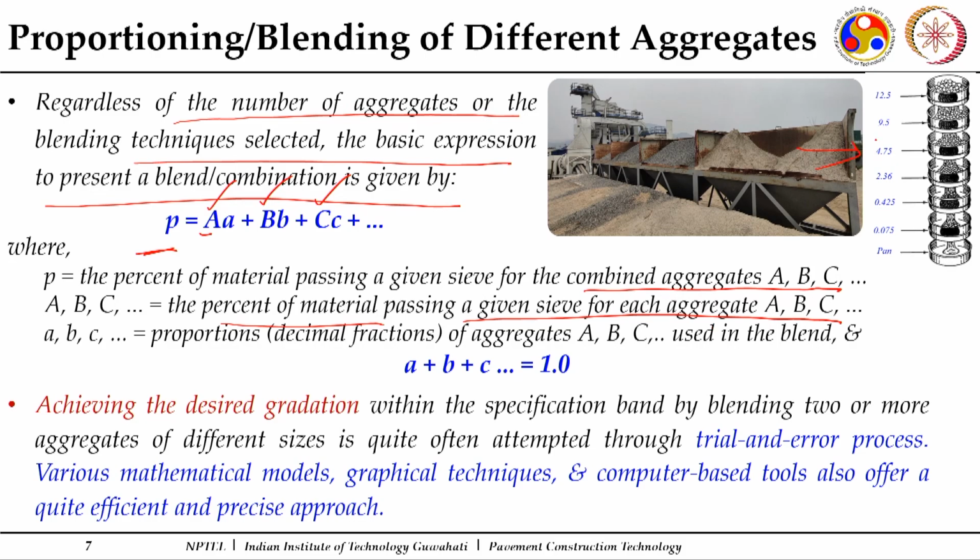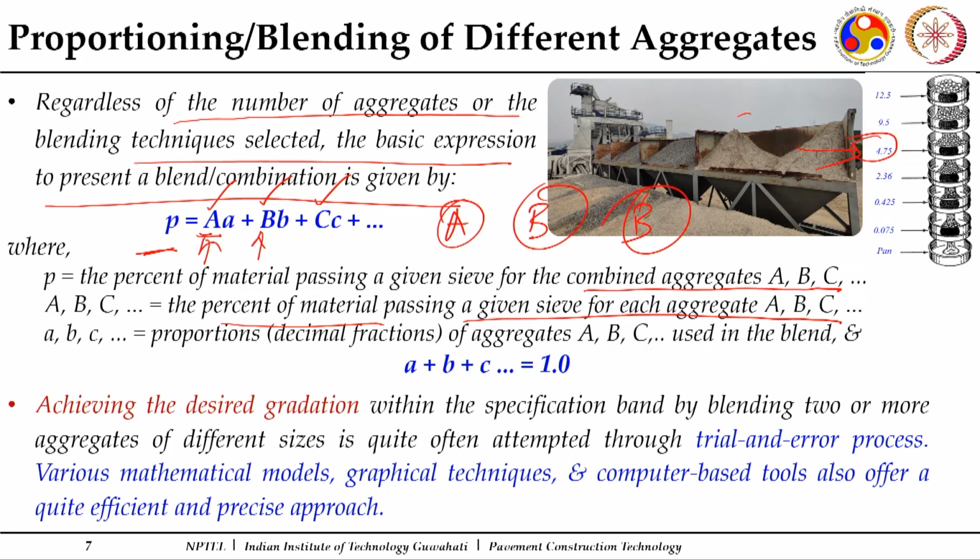So, if I am targeting say 4.75, and I have 3 aggregates A, B and C, then for A, how much percentage of it is passing through 4.75 will be written here. How much percentage of the second material B is passing through 4.75 has to be written here. How much percentage of the third, if I have 3 stockpiles in the cold fill bins. So, I have 3 aggregates A, B, C. When I did the individual gradation, the aggregates may be in the range of a few sieve sizes.